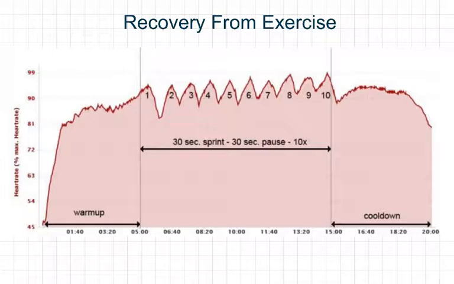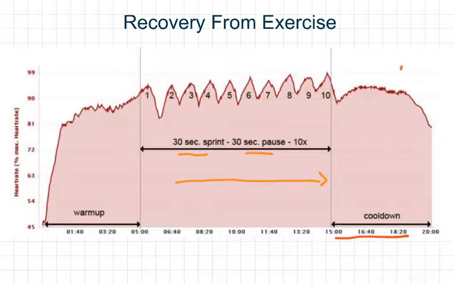And so what we have here in front of you is an athlete's heart rate data after they performed 30-second sprints with 30 seconds recovery on a bike. And so what had happened here is after the main set, the athlete performed just under 10 minutes of cool down.